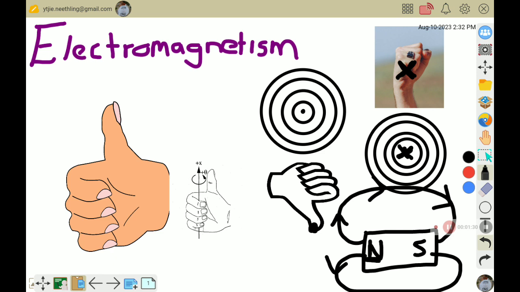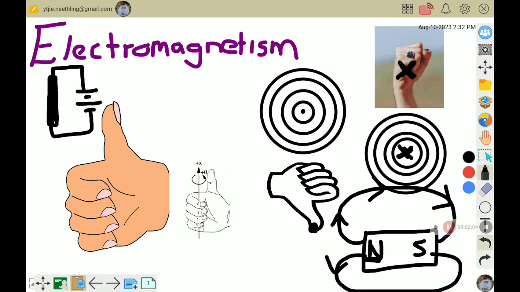As soon as we have a current carrying conductor, we will have a magnetic field around that conductor. A current carrying conductor is only a piece of metal that you connect into a circuit. So you have your metal and you connect it to a circuit with a battery, and you have a current carrying conductor.